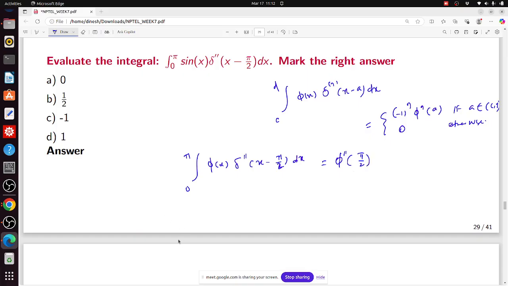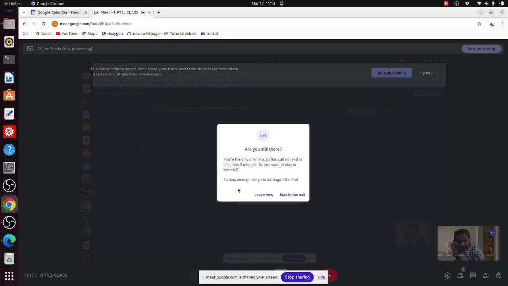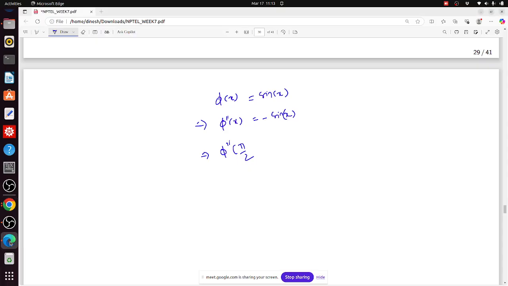It's given that phi of x is sin x and phi double prime x is minus sin x. That's simply phi double prime at pi by 2, which is equal to minus 1.